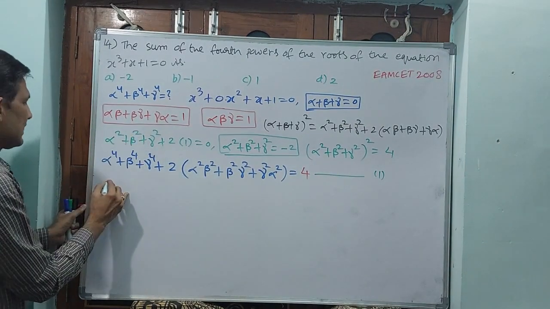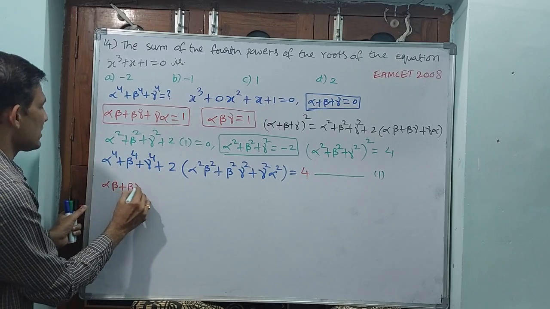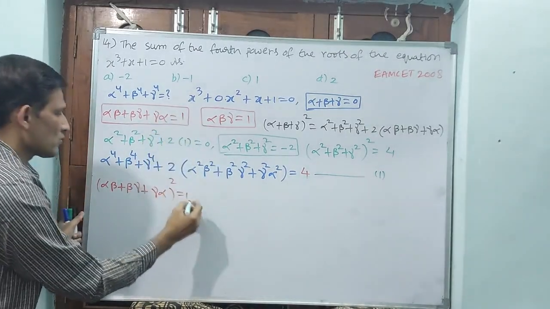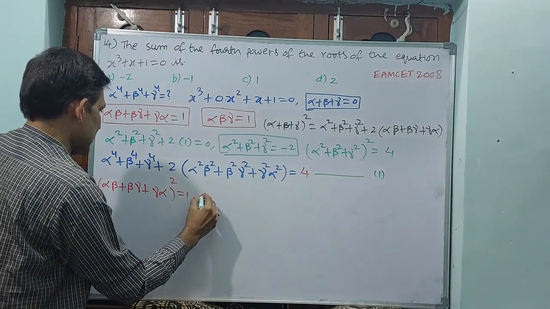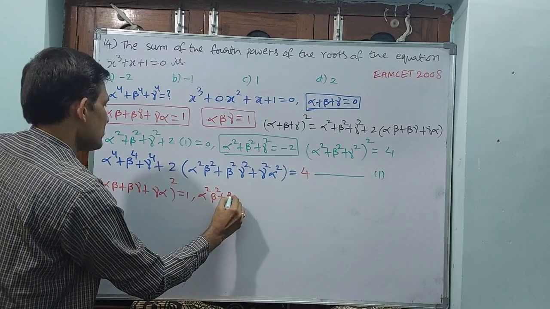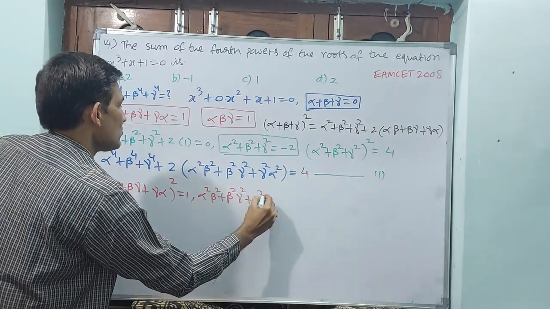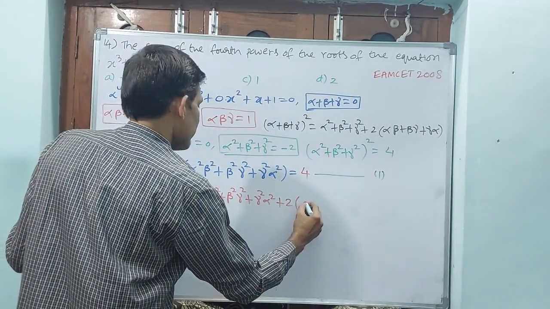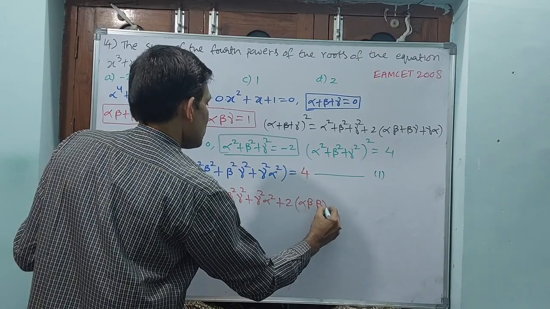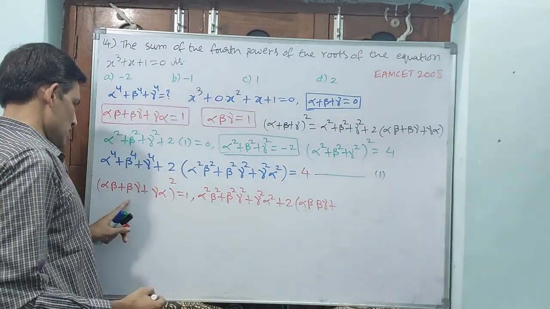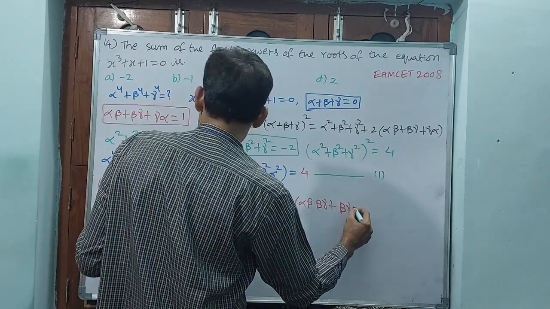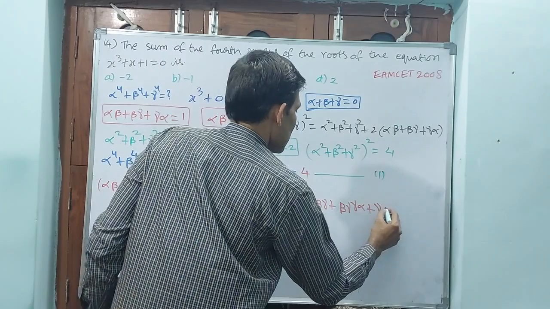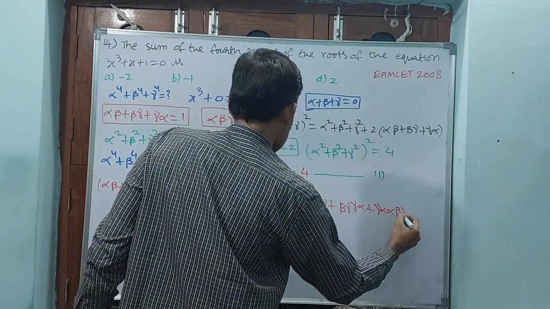You see, I am squaring this again. Alpha beta plus beta gamma plus gamma alpha whole square is equal to 1. Why? Because 1 square. But this you expand. Alpha square beta square plus beta square gamma square plus gamma square alpha square, plus 2 alpha beta into beta gamma, plus 2 beta gamma into gamma alpha, plus 2 gamma alpha into alpha beta is equal to 1.